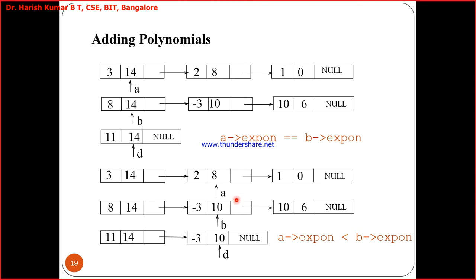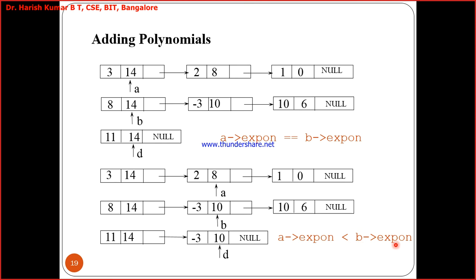Now I take the exponent of the second term from the first polynomial. How much is it? 8. a arrow exponent, 8, I got, and then I access the exponent of the second polynomial, b arrow exponent. Now what I'm observing is the exponents are not the same. This is 8 and this is 10. a arrow exponent is less than b arrow exponent.